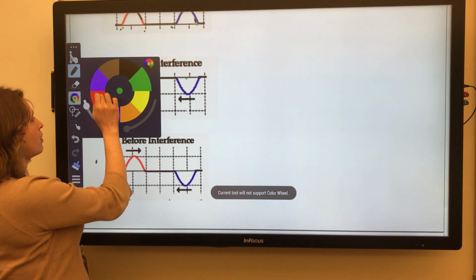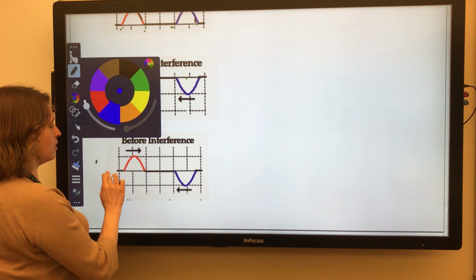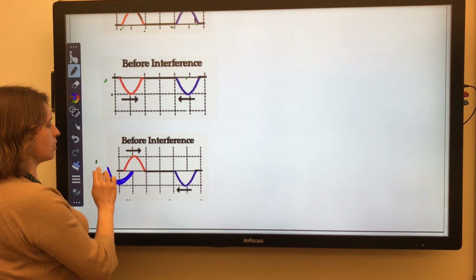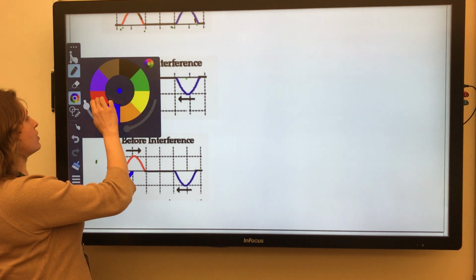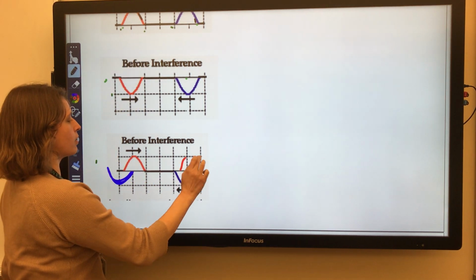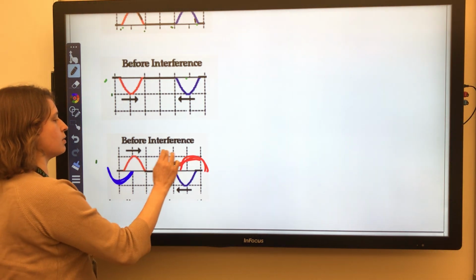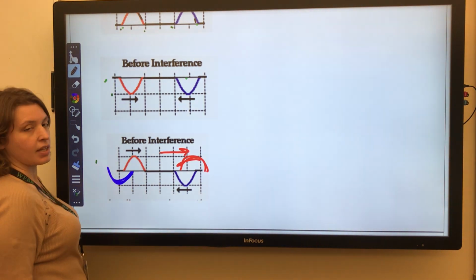this wave pulse, the blue one, is going to eventually be over here. It's still going to be a negative amplitude, and this other wave pulse, the red one, is going to have moved forward, over here. So it's moving this way, the blue one is moving that way.